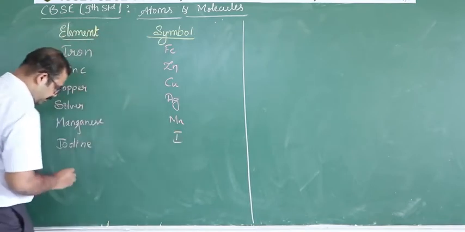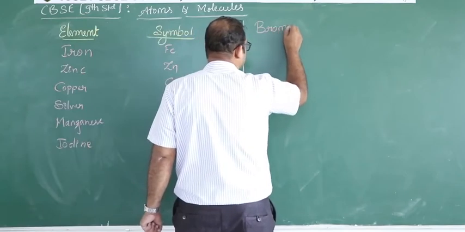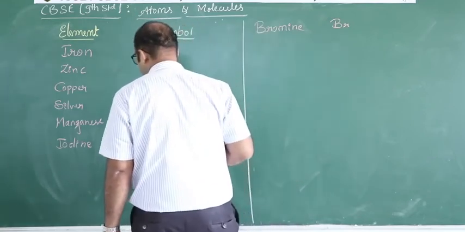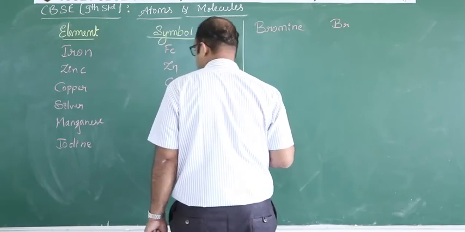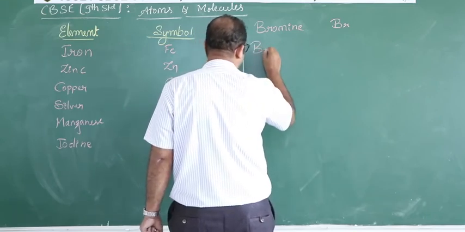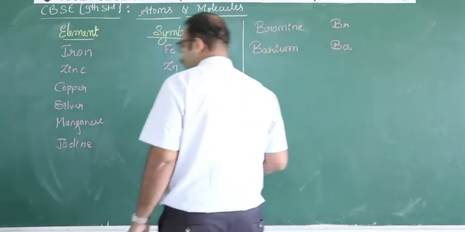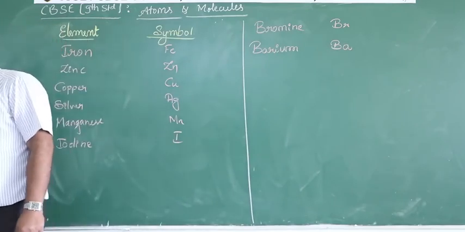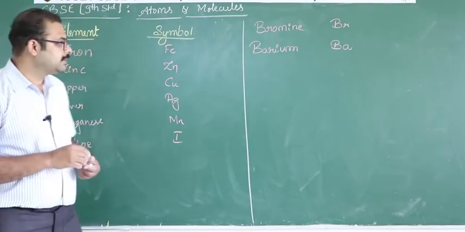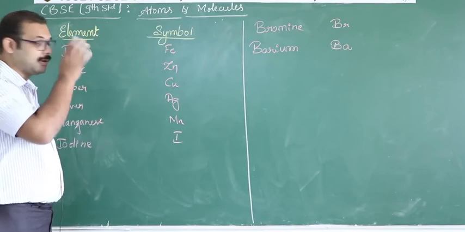Iodine, bromine, barium. Okay, so these are some of the important and very necessary elements. You have to remember these elements, apart from those 1 to 20.